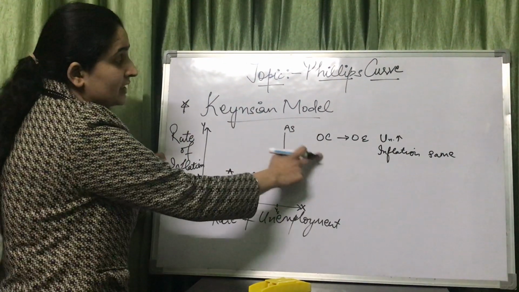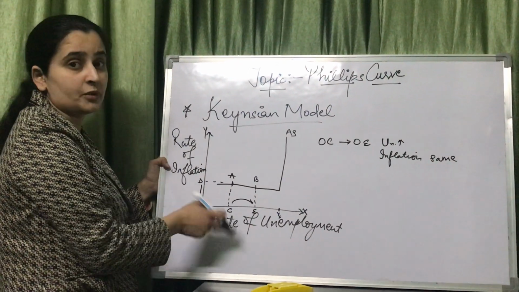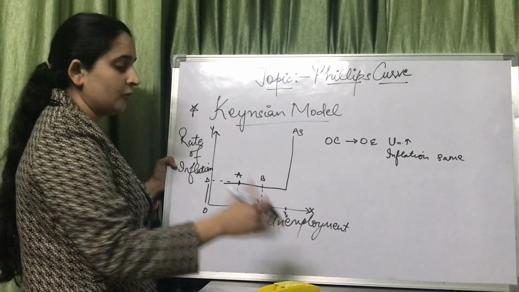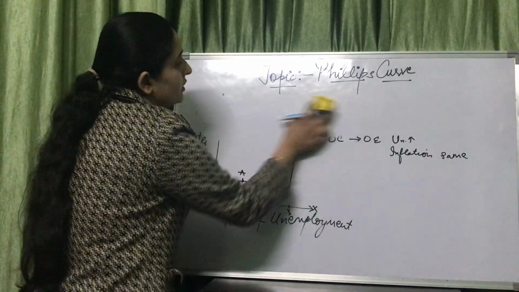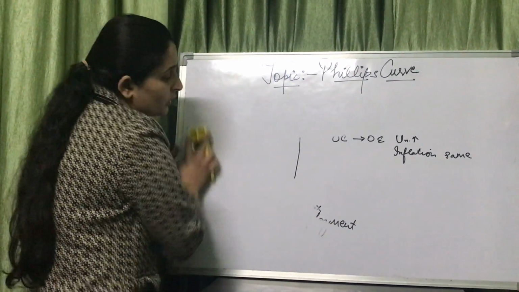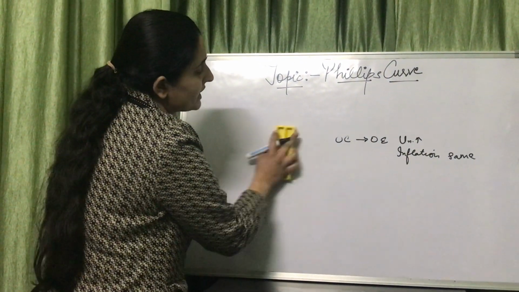So this depicts that there is a trade-off between these two components. This was further studied by one more economist. Let us go into the Phillips curve. So this was the history of how it started.